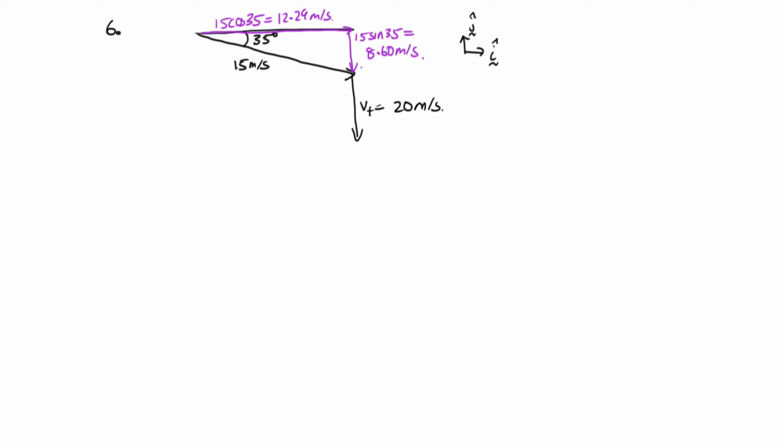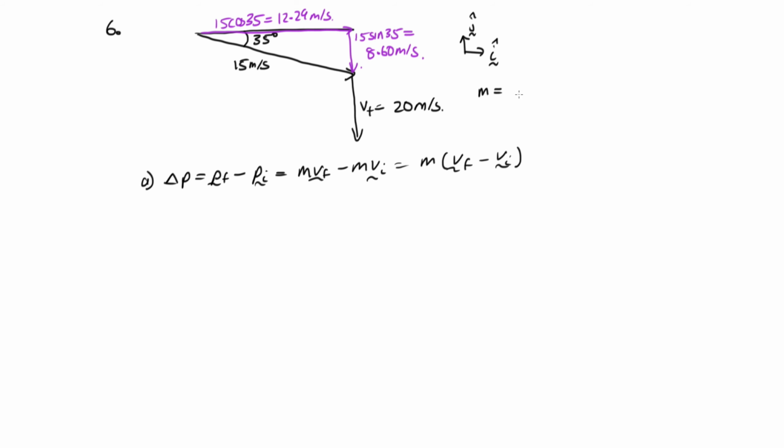In part A, we're asked to calculate the change in momentum between this initial state and this final state. The change in momentum is equal to the final momentum minus the initial momentum, which is equal to m times the final velocity minus m times the initial velocity, not speed, which is m times the final velocity minus the initial velocity. Now, we'll do this in unit vector notation.